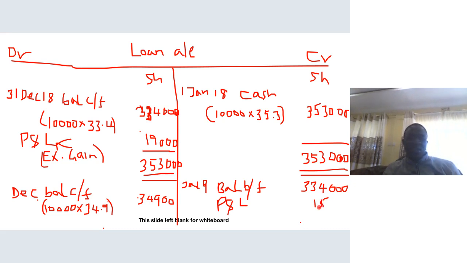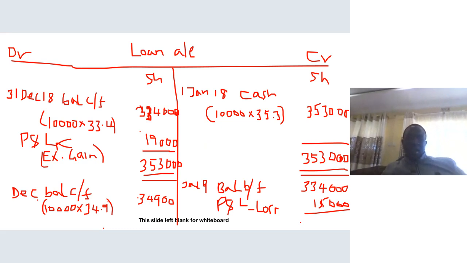It is an exchange loss of 15,000. It is a loss. Thank you. So the amount there is 349.